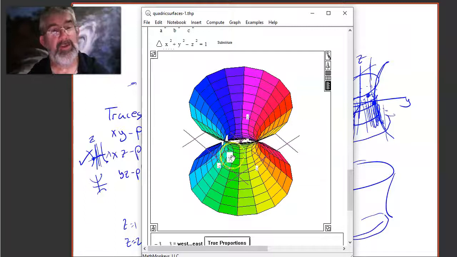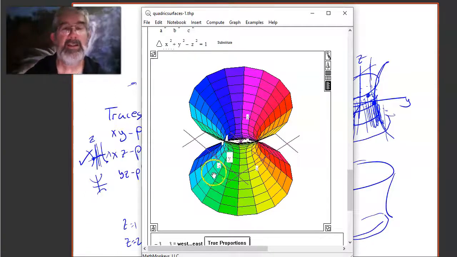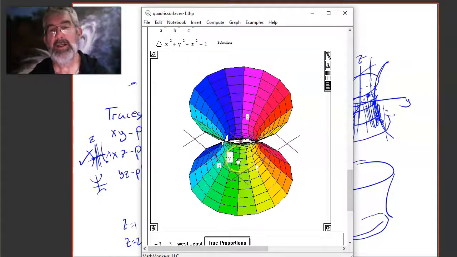Interesting thing about the hyperboloid of one sheet here, it is what's called a ruled surface, in that at every point on the surface there is a line, and in fact this is doubly ruled, there's two lines, perfectly straight lines that are completely contained on that surface.